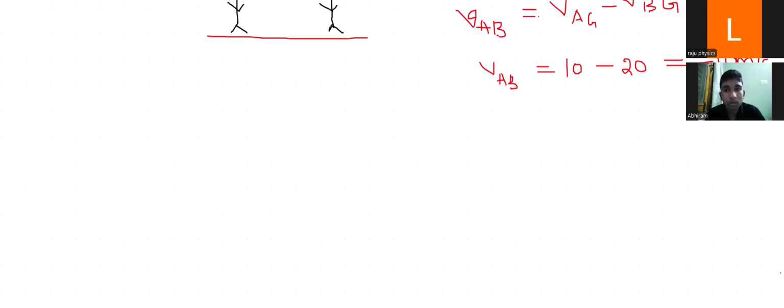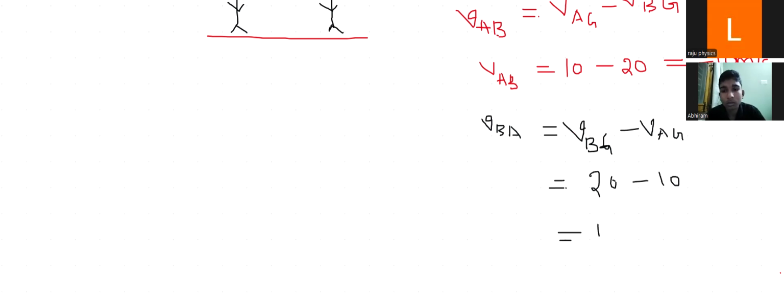The formula is the velocity of B with respect to the ground minus the velocity of A with respect to the ground. Here the speed of B is 20 and the speed of A is 10. Now you will get 10 meters per second.